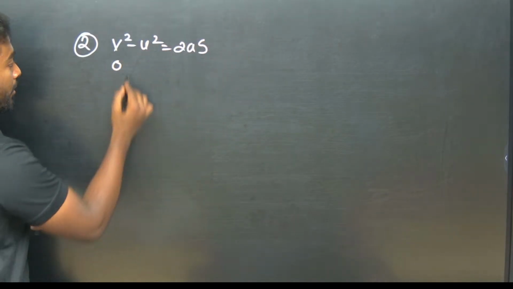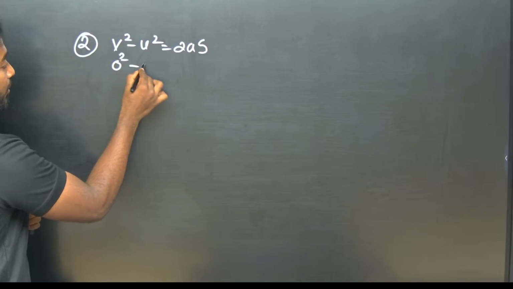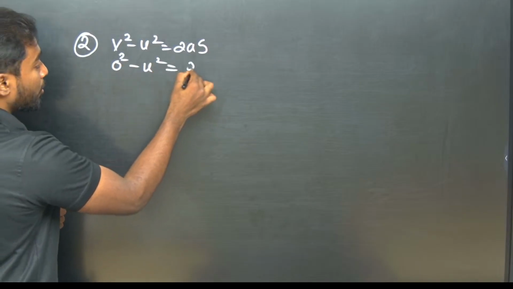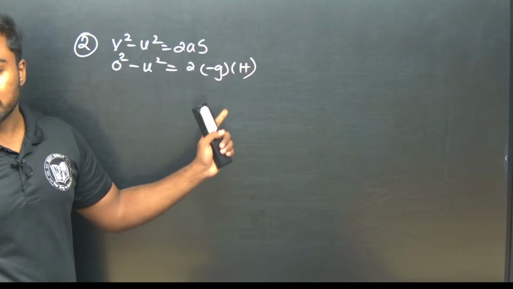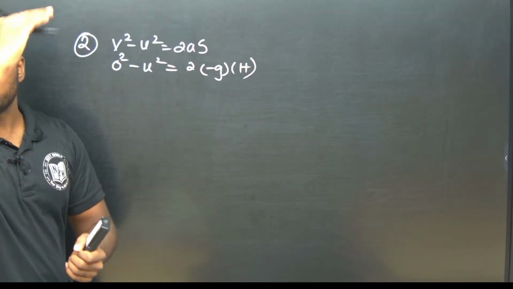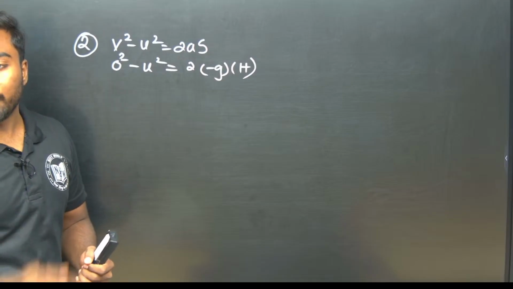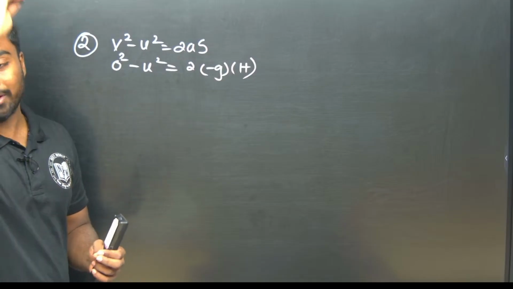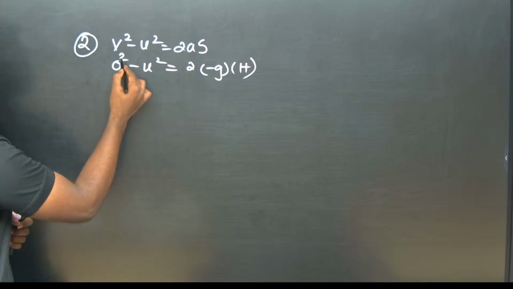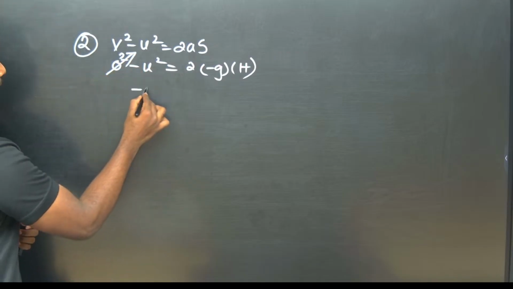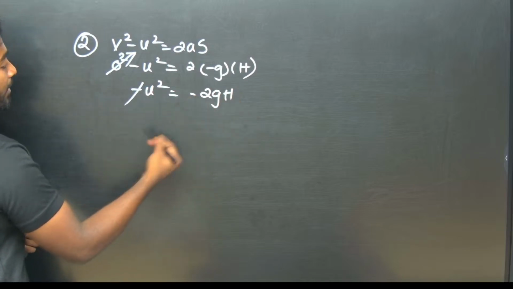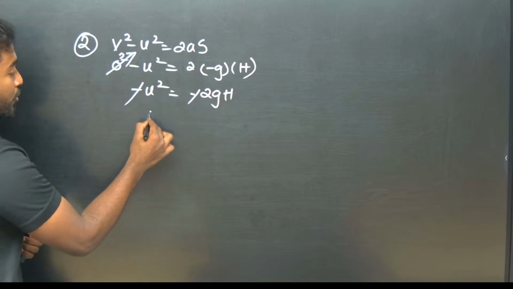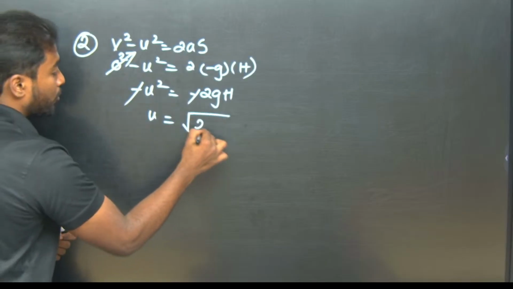So 0 square minus U square equals 2 into minus G into H. A is minus G, S is H, the displacement from the initial point to the final point. So I can neglect this, minus U square equals minus 2GH, where minus minus gets cancelled. U will be equal to under root of 2GH.